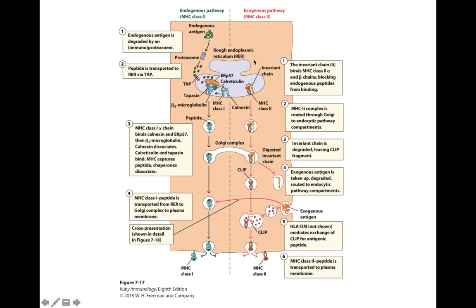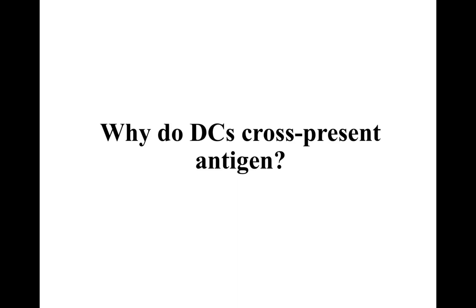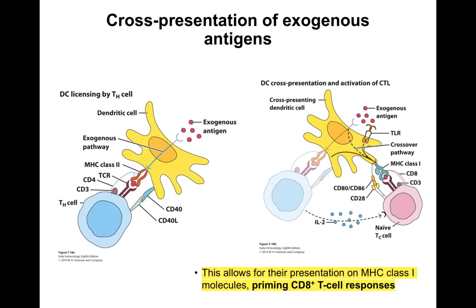So even though this antigen presenting cell may not be infected with a particular virus, it may bring in exogenous antigen or viruses that it's found and be able to present it to CD8 positive T cells to activate them to then go out and find that type of pathogen that may infect cells. So why do dendritic cells cross-present antigen? It's so that they can prime those CD8 positive T cell responses.